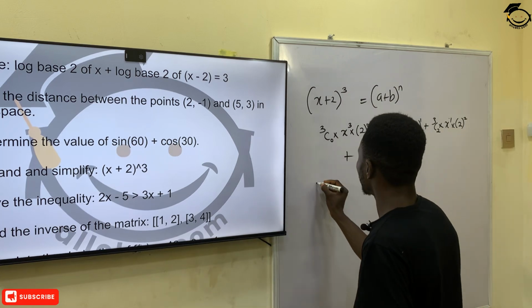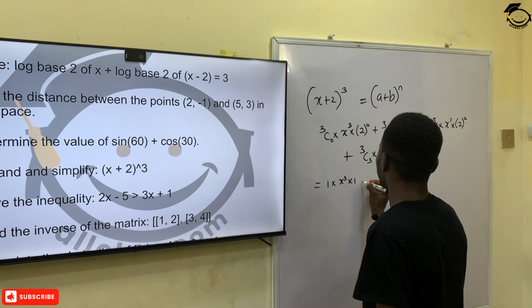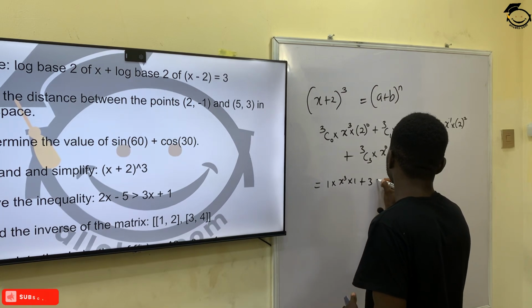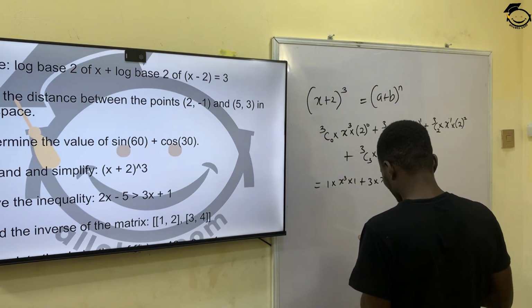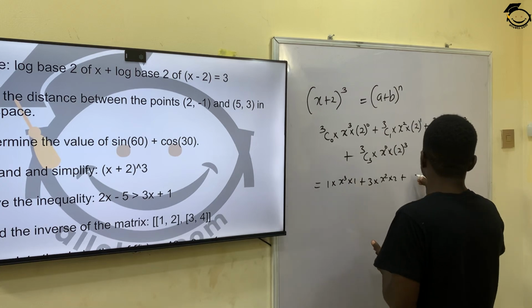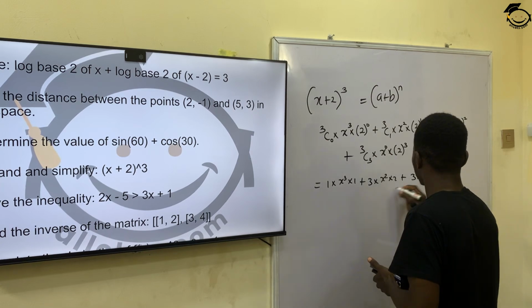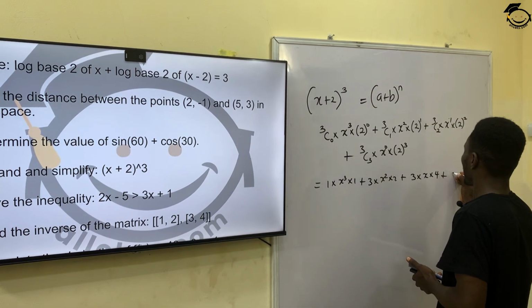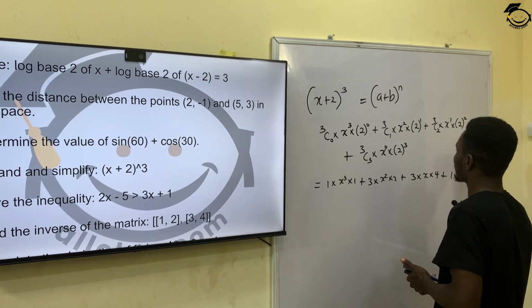So this means that I have 1 times x raised to power 3 times 1, plus 3 times x raised to power 2 times 2, plus 3 times x times 4, plus 1 times 1 times 8.